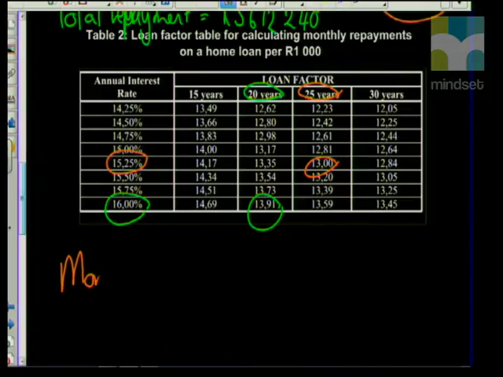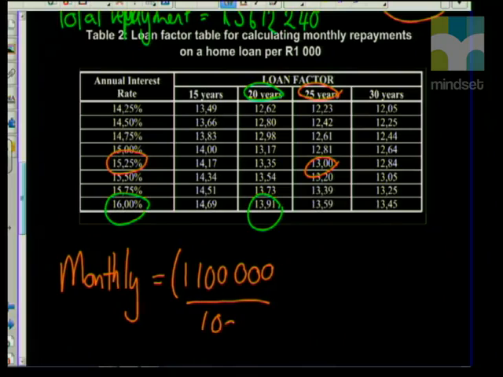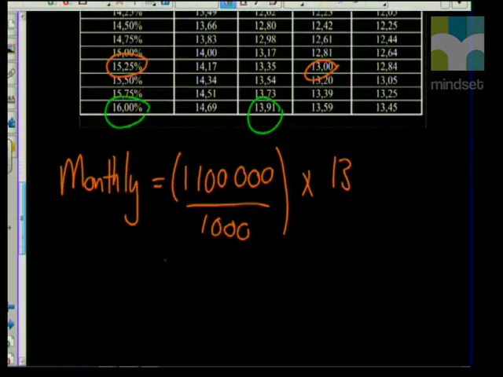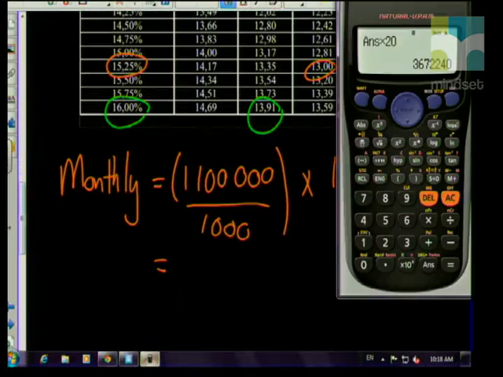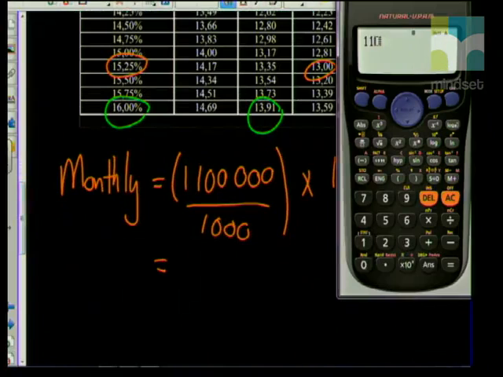So her monthly repayment, in this case, is going to be the 1.1 million divided by 1,000 multiplied by a lower factor. So I hope you can see this is going to give us a different value on the calculator. So let's put it in: 1100, and I'm not going to put the million in.